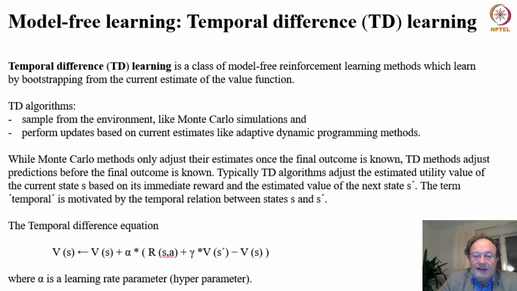At the end you can see the updating equation, where the new value of the state is the old value of the state plus a certain parameter alpha times the reward that you get when you take the step, plus lambda, the discount which you normally have in this situation, times the estimate for the next state, minus the value of the state you are in.